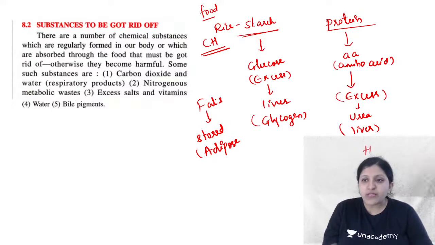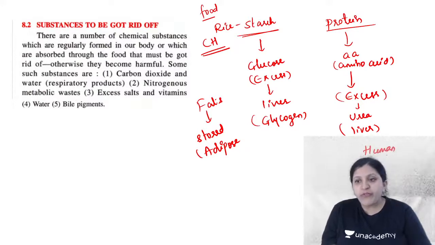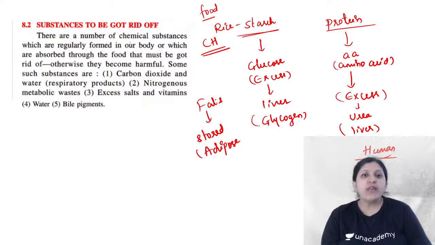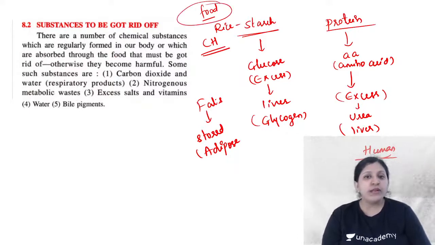In the human body we form urea, and then it will be removed. There are a number of chemical substances regularly formed in our body, or absorbed through food, that must be gotten rid of, otherwise they will become harmful.